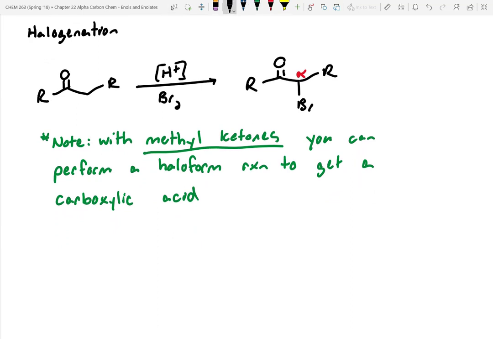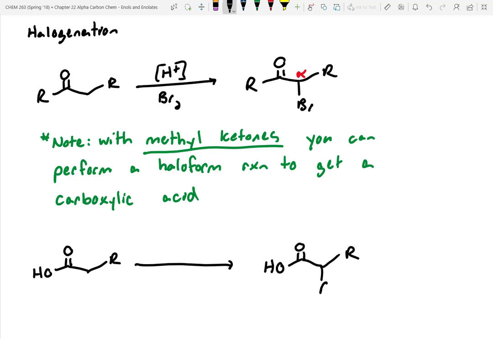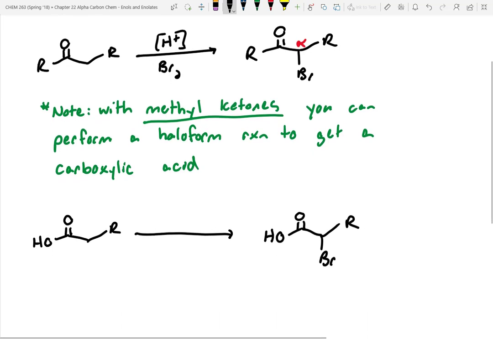The other one that we saw was alpha halogenation of a carboxylic acid. This was the Hell-Volhard-Zelinsky reaction, which was a mouthful, where you can attach a bromine onto the alpha position. Does anybody remember the reagents that you need for this? What was that?